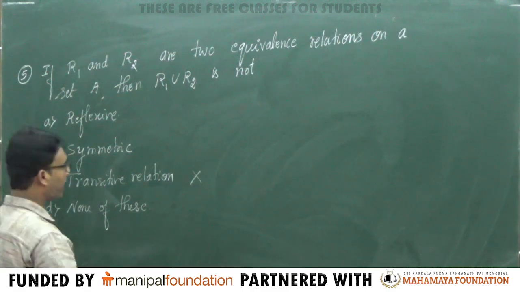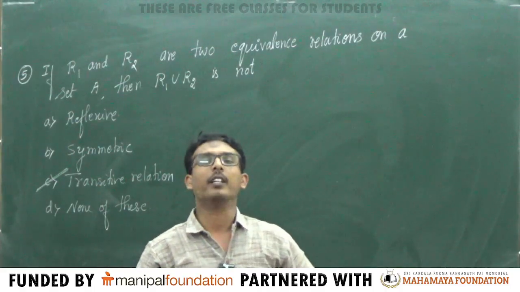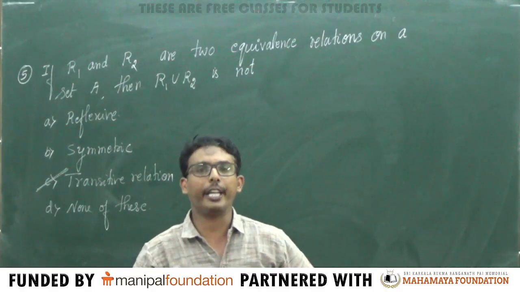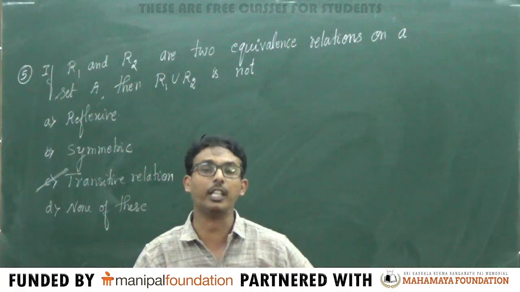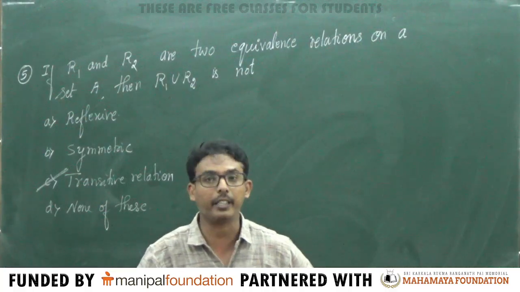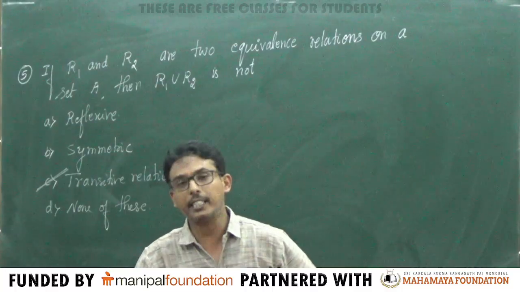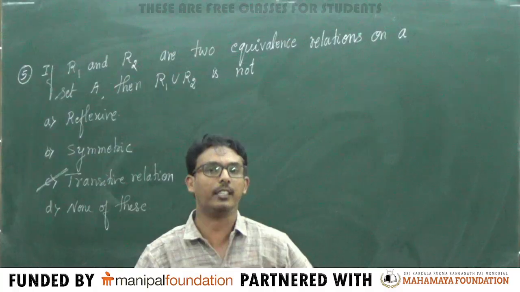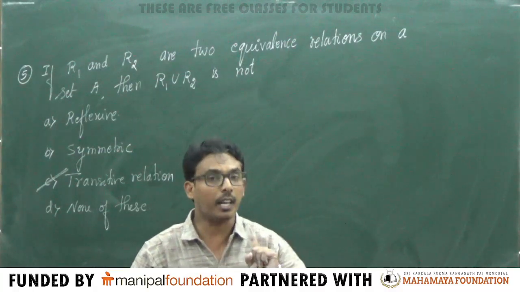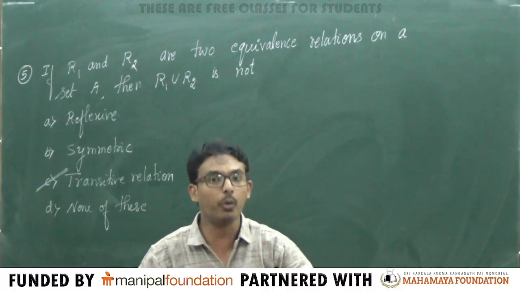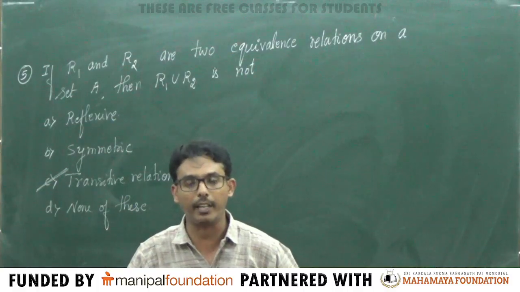Therefore, the correct answer is option C. So both points are very important. The union of two equivalence relations is not an equivalence relation because it is not transitive. Similarly, the intersection of two equivalence relations is also an equivalence relation.